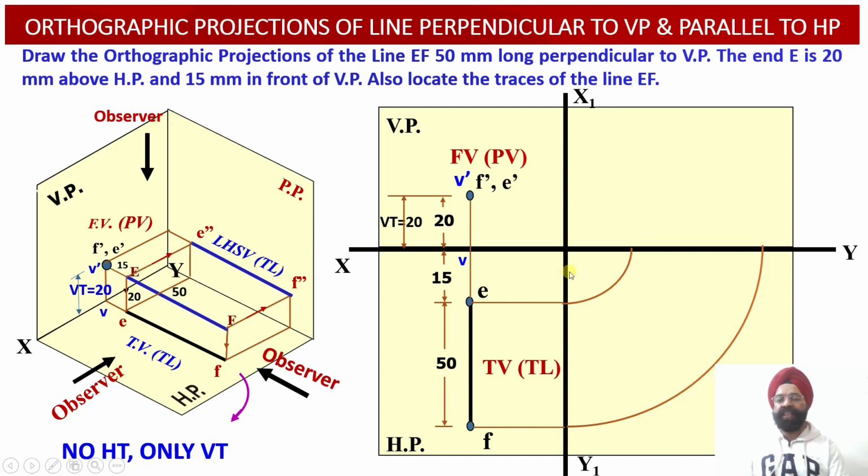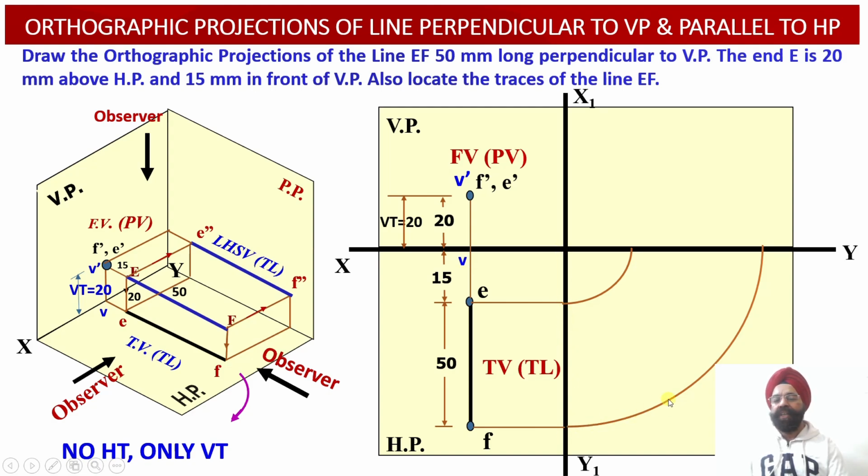Similarly, the distance of the point F from the XY reference line is 65 millimeter in front of the vertical plane. So once again, we'll keep our needle point at the intersection of the XY reference line and the X1 Y1 reference line. Open the compass equal to radius 65 millimeter.